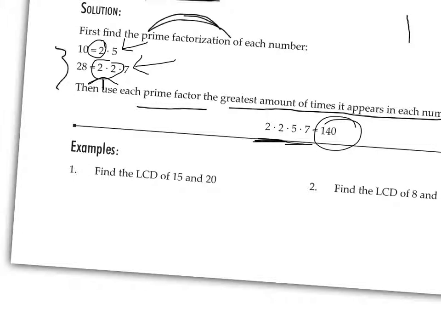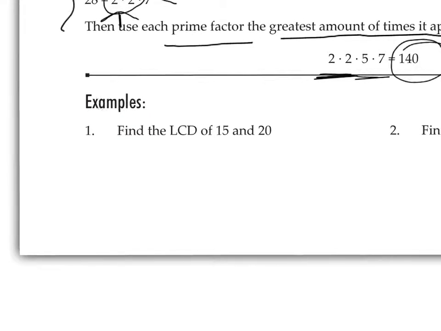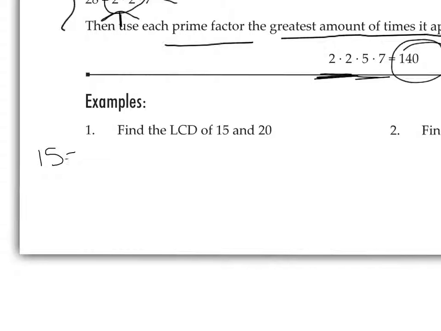So we're going to practice finding the least common denominator of 15 and 20. So first, the prime factors of 15, 3 times 5. The prime factors of 20, 2 times 2 times 5. And if you use the tree on those numbers, that's what you get.